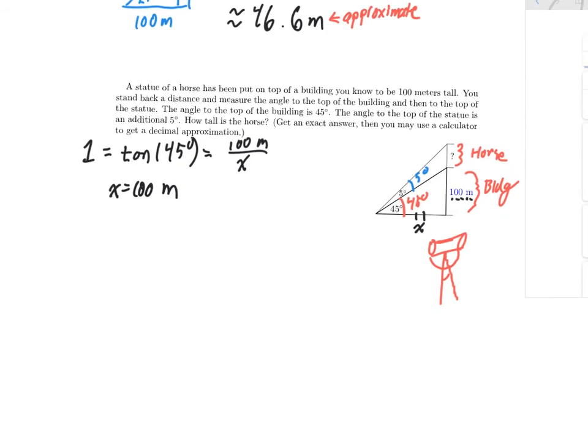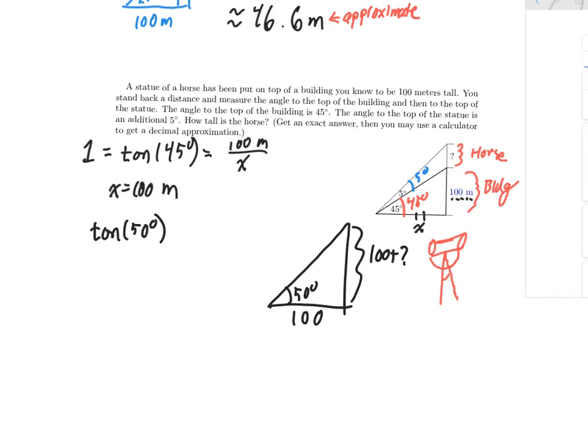All right, so now let's look at this whole big triangle, where this is a 50-degree angle. This length is 100 plus question mark. This length is 100. Oh, it looks like TOA is relevant again. Tangent of 50 degrees. 50 degrees isn't an angle that I know the tangent of, so I'll have to use a machine to help me when I want to actually do the final computation.